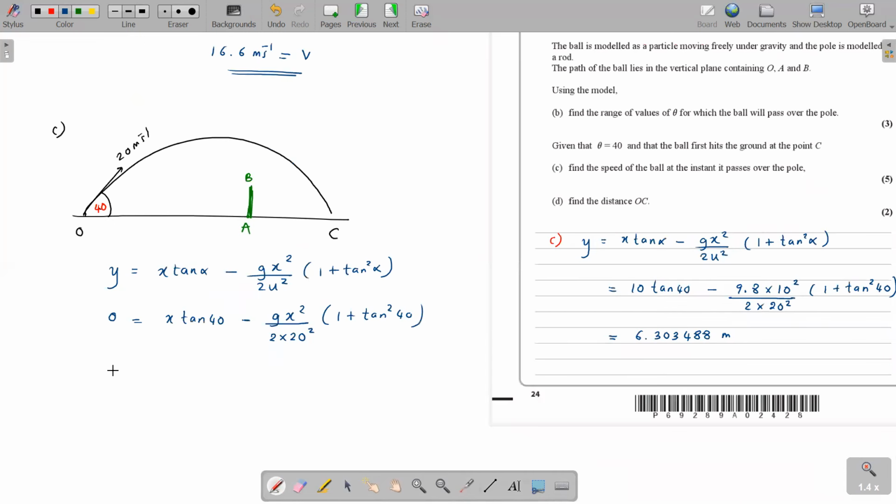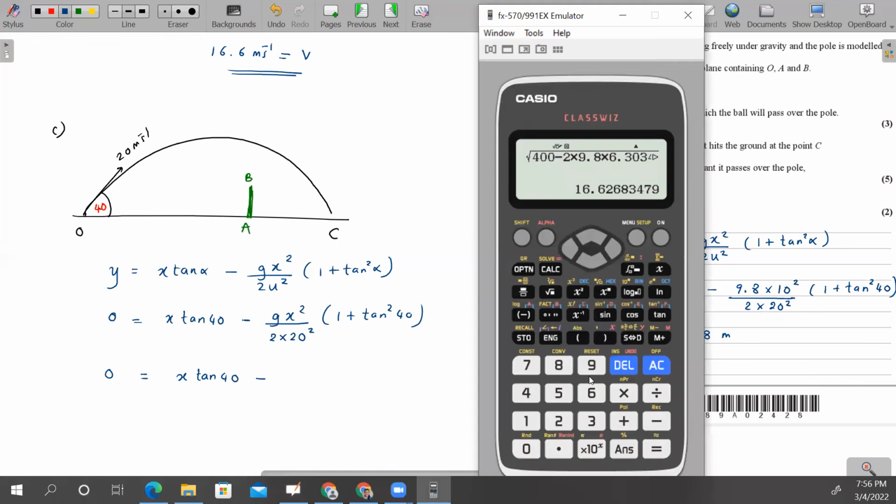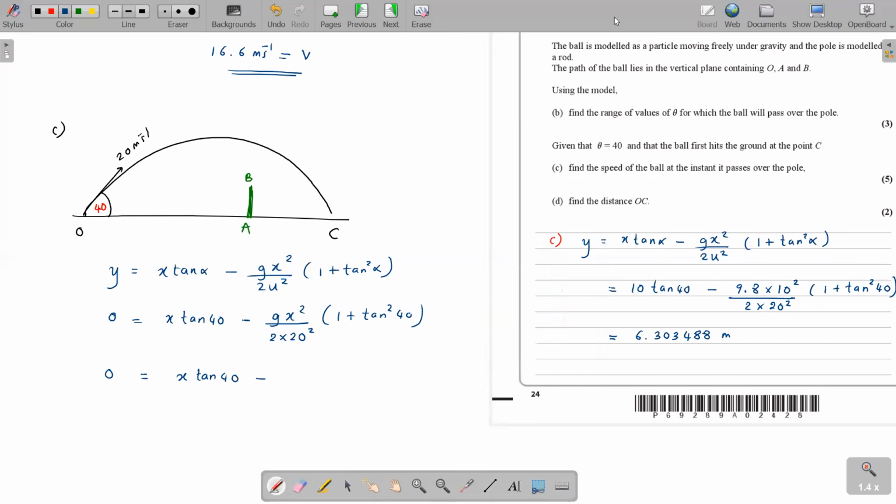You will get again a quadratic equation. I think in this equation, there are only two parts. So we could actually take x out, right? x tan 40 minus, type this part. 2 into 20 squared gives me 800. So I get g over 800 times 1 plus tan squared 40 into x squared.